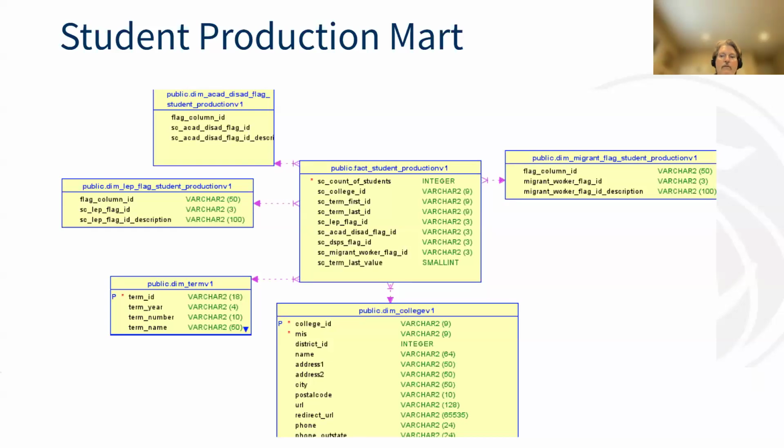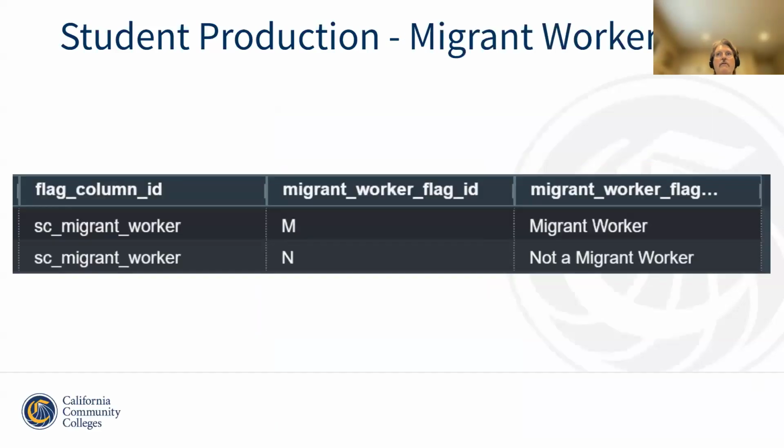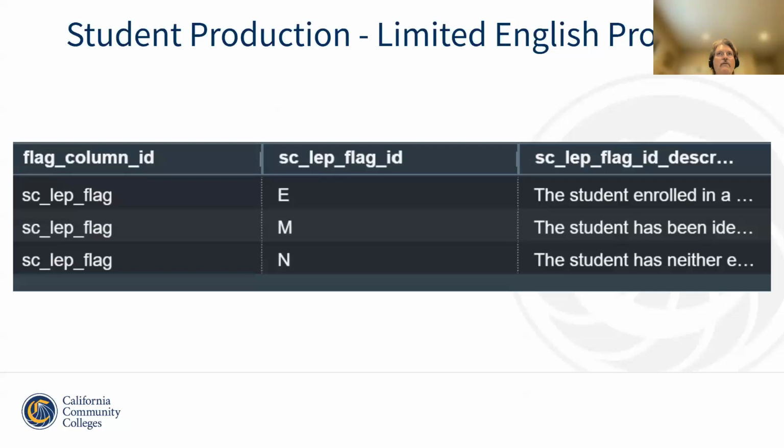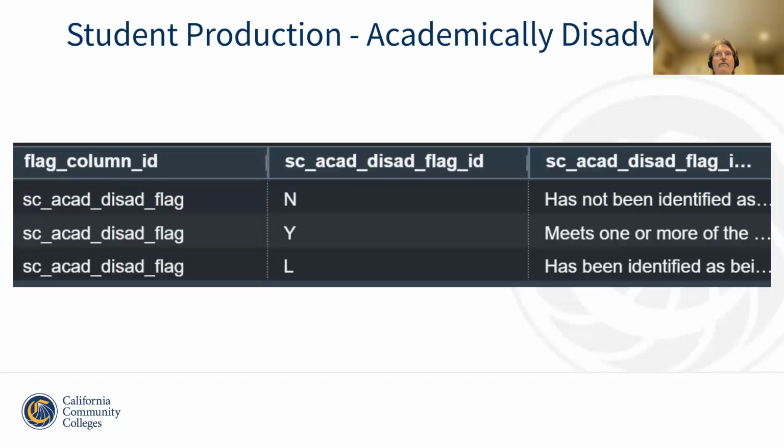So if I can show you the dimensions here, if you're a migrant worker, you can see how that might be something you might have to account for. If there's some kind of limited English proficiency, that's also here. If in any way a student is identified as academically disadvantaged, that might indicate that more support is needed. And so this report is focused on that.